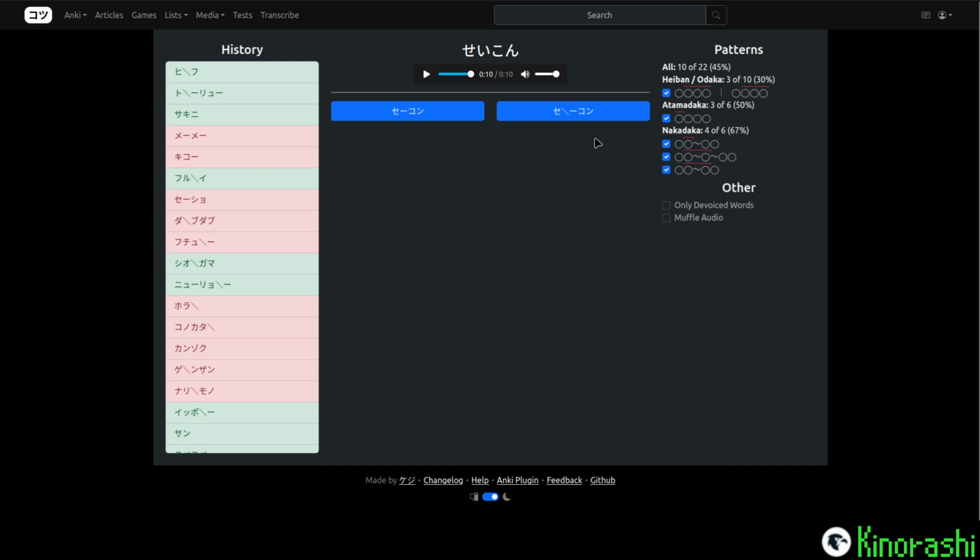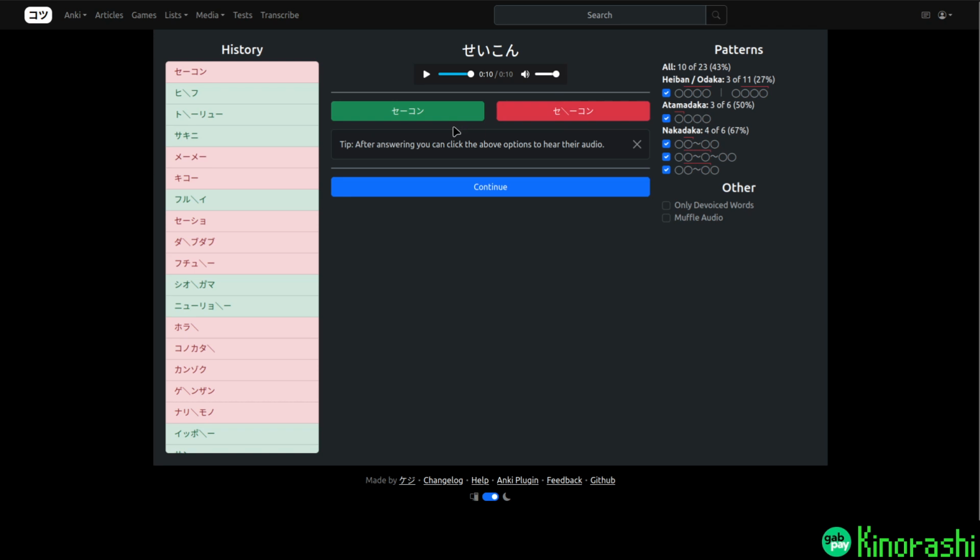Sounds lower pitch in the ko, so I think this is an atamadaka. No, it's a heiban. Wait, that ko is supposed to be higher pitch?